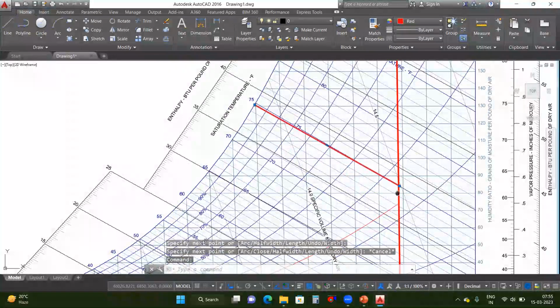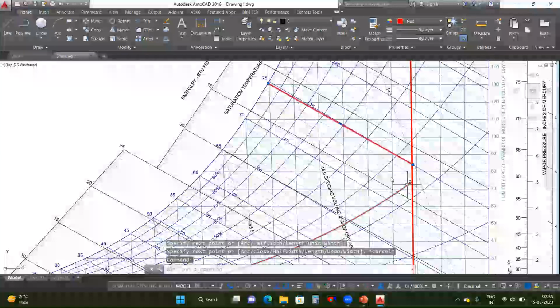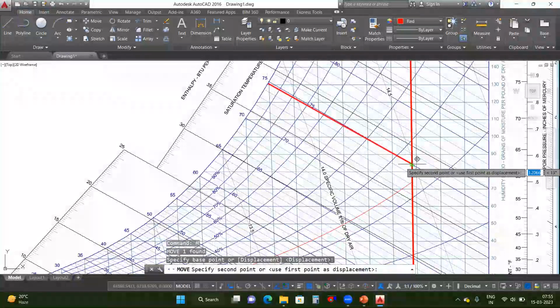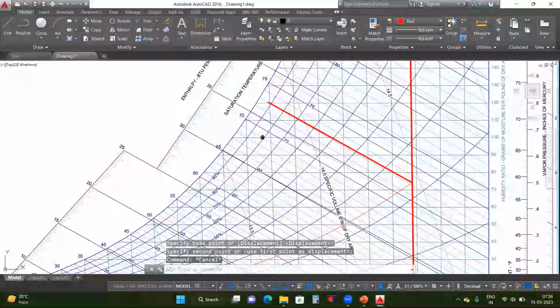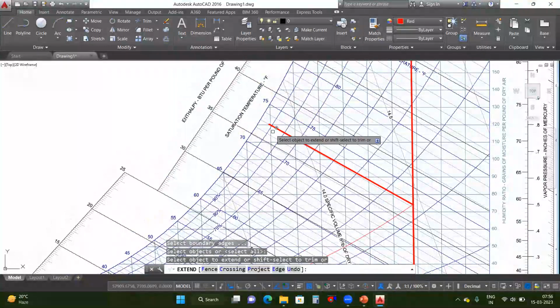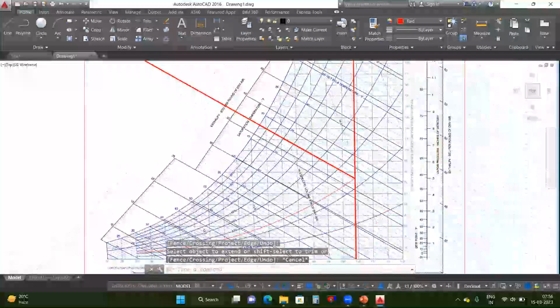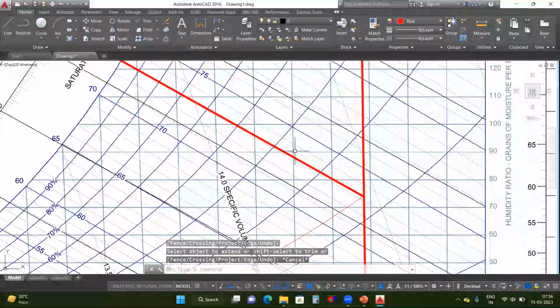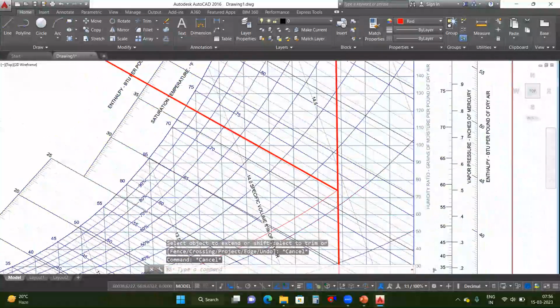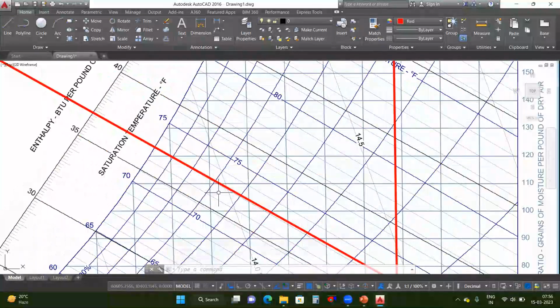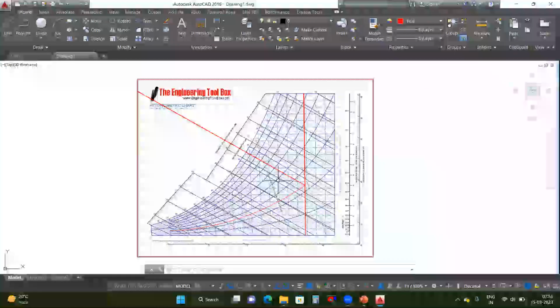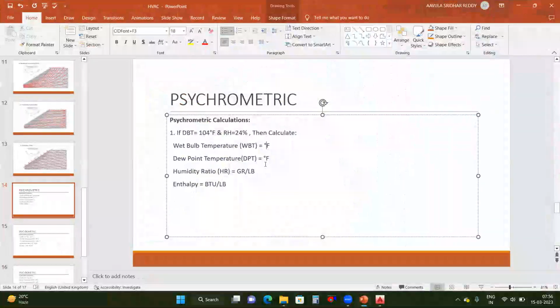I will keep this line here like this and extend it. So what is the wet bulb here? 85, 80, 75 and 70. So this is 70, 71, 72 and this is 73.